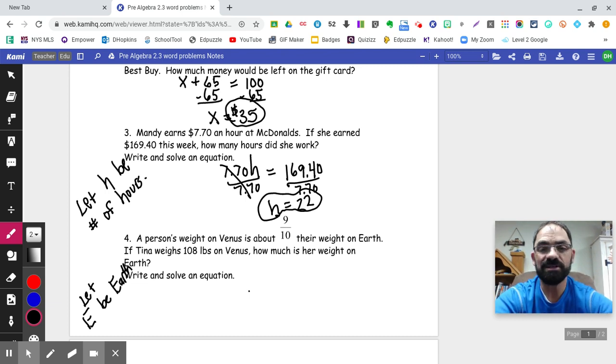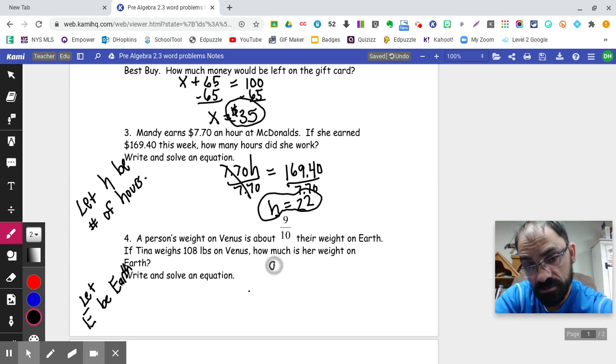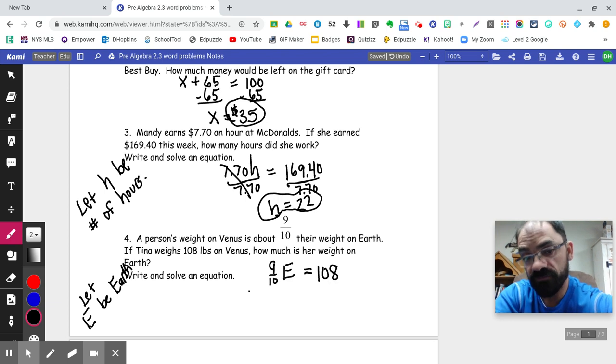It's always easy to use X. Everybody wants to use X, and that's fine. So let E be Earth. So it says a person's weight on Venus is about 9/10 their weight on Earth. So 9/10 of whatever she weighs on Earth is equal to 108 because that's her weight on Venus.